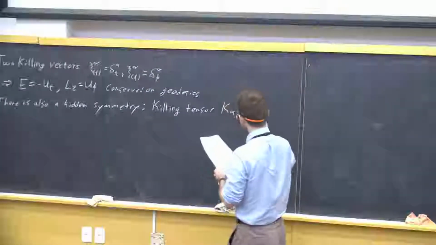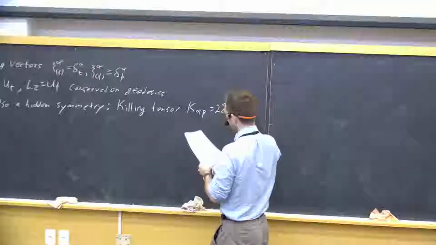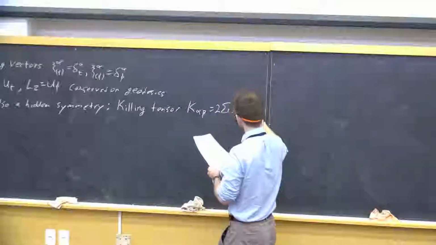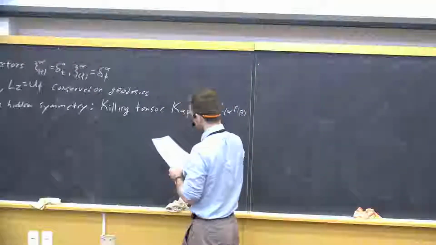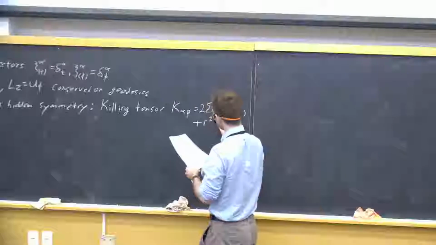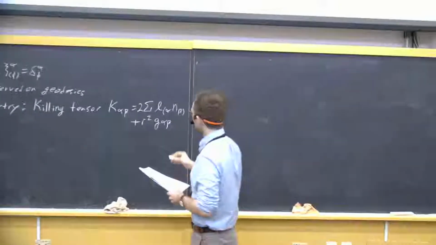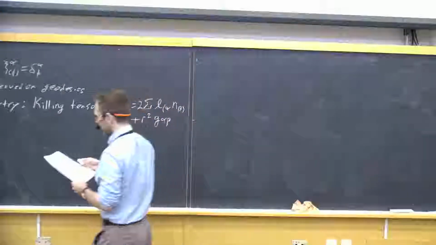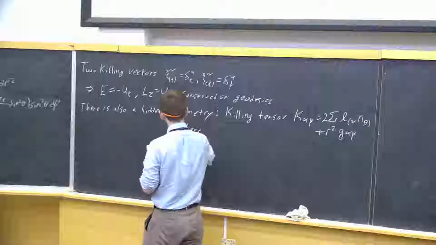K alpha beta is 2 sigma L alpha N beta plus r squared g alpha beta. These 2 vectors are ingoing and outgoing null vectors.